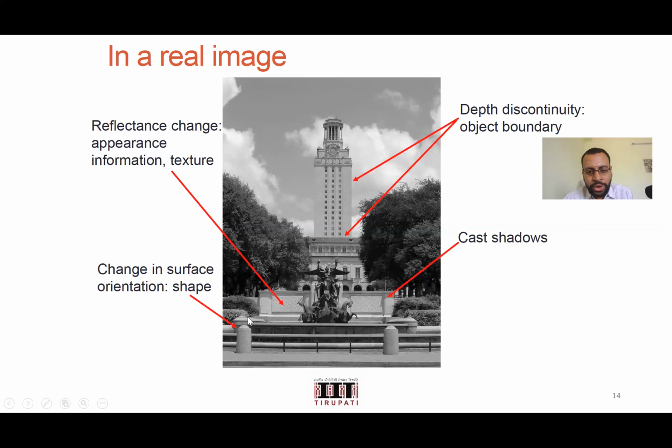And then there is an orientation change, that's what we refer to as surface normal. So till here, this is projected in this manner because the moment the surface normal changes, when light is falling on it, how it gets reflected is going to change there. So these all would contribute to having edges in the image.